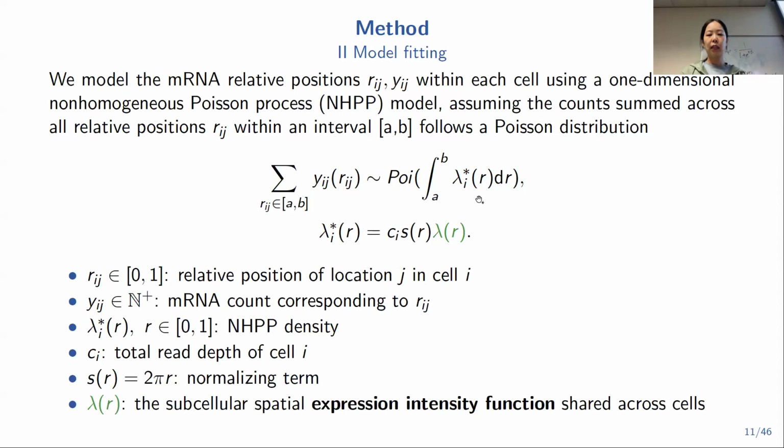But the thing is, the intensity of this Poisson is an integration of this HPP intensity. This intensity varies from 0 to 1. The intuition is that because this is a function that varies from 0 to 1, if we integrate it over different intervals, it gives different values, which means the Poisson intensities are different.